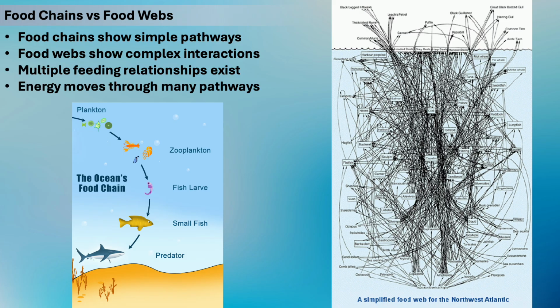In marine ecosystems, food webs can be particularly complex because of the enormous diversity of organisms involved. Just look at the so-called simplified food web for the Northwest Atlantic on the right side of the slide. Many species occupy multiple trophic levels or change their diet as they grow.